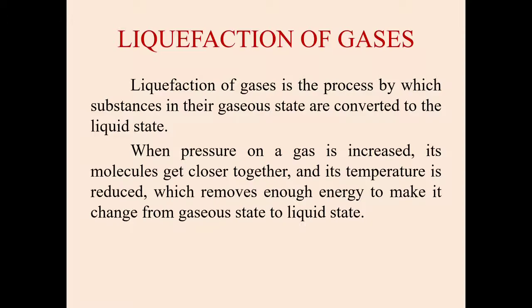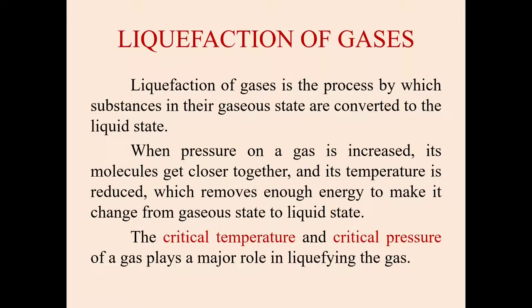When we apply excess pressure, all the molecules come closer together. So the temperature is drastically reduced. This removes enough energy from the gas to make it go from the gaseous state to a liquid state. Apart from applying pressure, the critical temperature and the critical pressure of a gas play a great role in liquefying the gas.